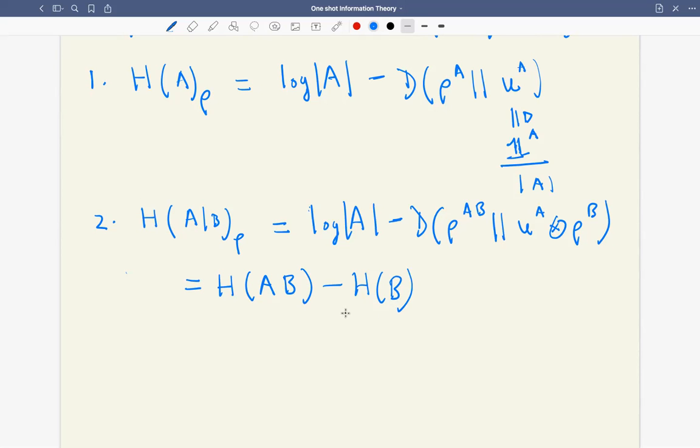You can take one of them as the definition and the other as the theorem. Usually in books, the quantum conditional entropy is taken to be just this definition, and this is the theorem. If you try to sit and prove it, take this as the definition and that as the theorem. We already know that this quantity could be negative. We have seen in the Araki-Lieb inequality that this quantity could be negative, and sure enough, this quantity will also become negative.